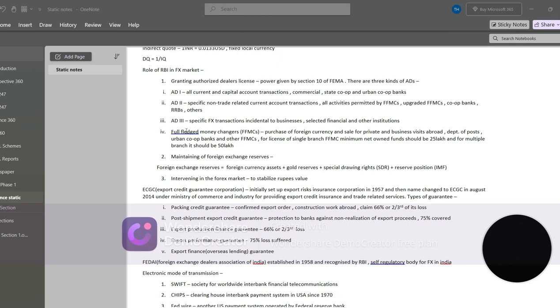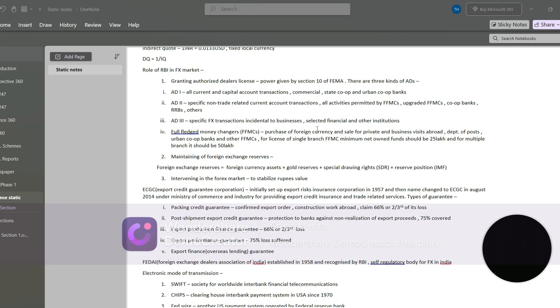Now, a fourth one is full-fledged money changers, FFMCs. Here, purchase and sale of foreign currency for private and business visits abroad is done by urban cooperative banks or other FFMCs. For a license for a single branch FFMC, the minimum net worth should be 25 lakh, and for a dual branch it should be 50 lakh.